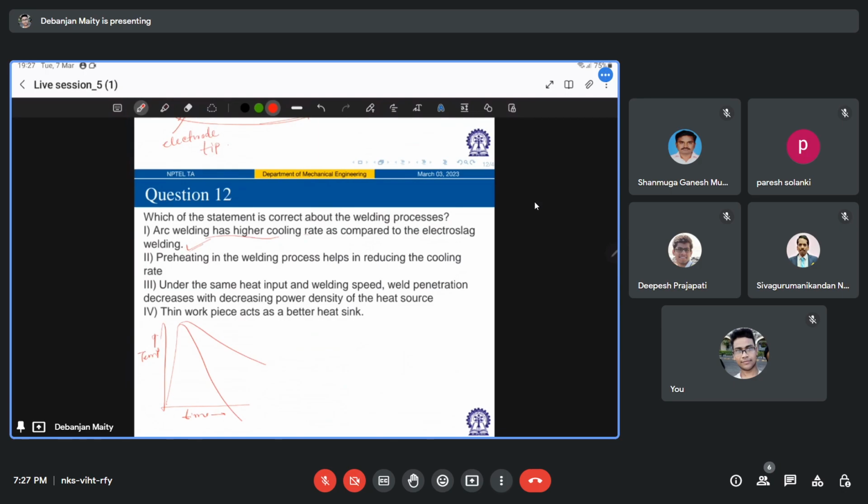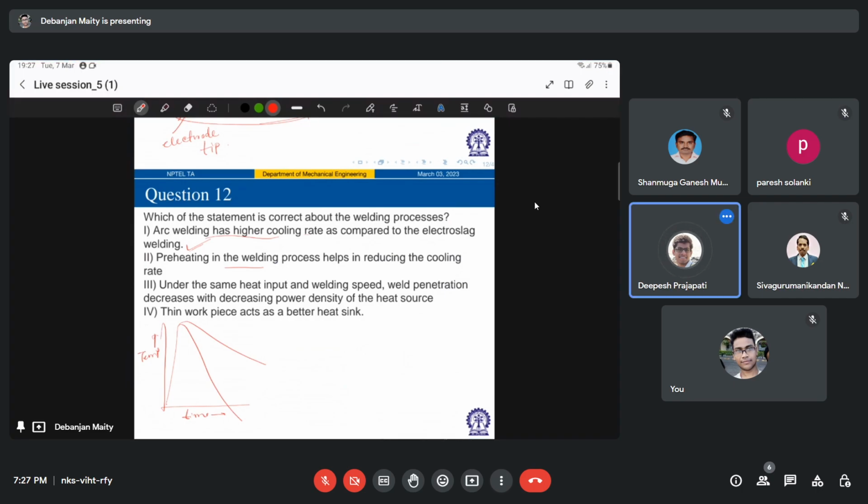And then you have this preheating of the welding process. Is this true? We have already discussed it depending upon the numerical. So preheating in the welding process helps in reducing the cooling rate.